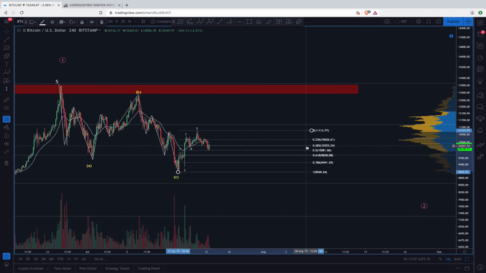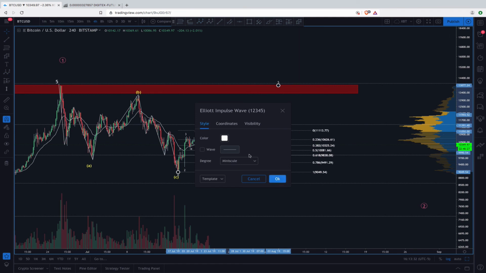We've had a nice little bounce, but we are below this 21 period EMA on the 4-hour. I would want to see us get back above that. If not, we'll have to gather support hopefully around the 0.618, which lines up with previous wicks here and previous candle closes. So I would look for support right here to potentially give us our 1-2, and then we can head up from here. But we have to be able to hold that 0.5 to 0.618 fib first.